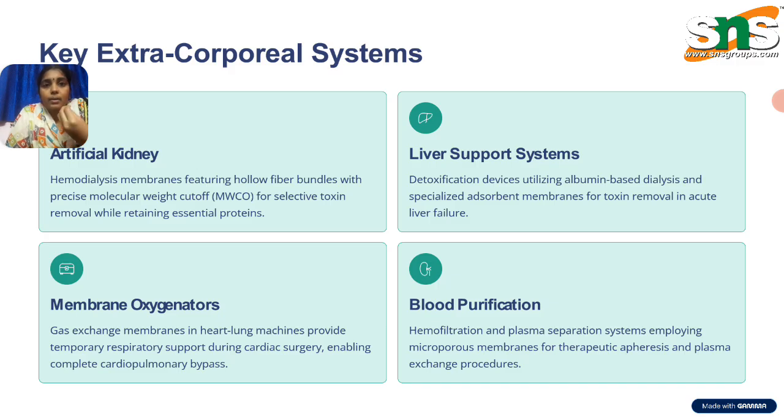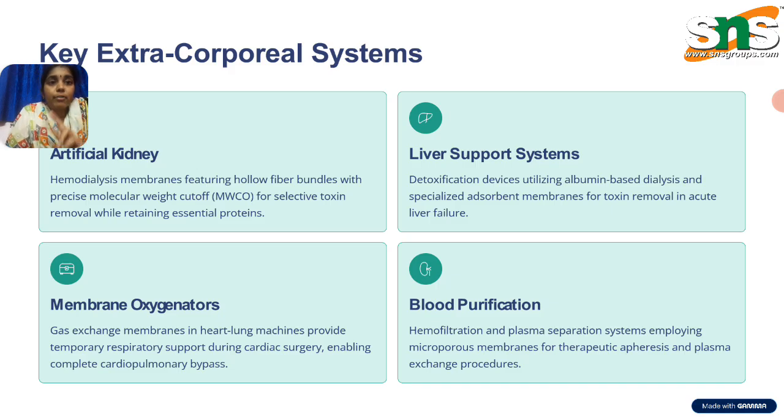The main concept is that some artificial organs are made with medical textiles, so that they provide support to the user, mainly those having issues with those particular organs. So first one is the artificial kidney, the hemodialysis membrane. It supports the kidney in the filtration process. So mainly it is the starting point.